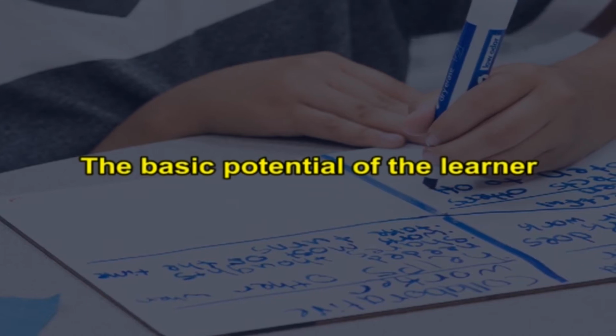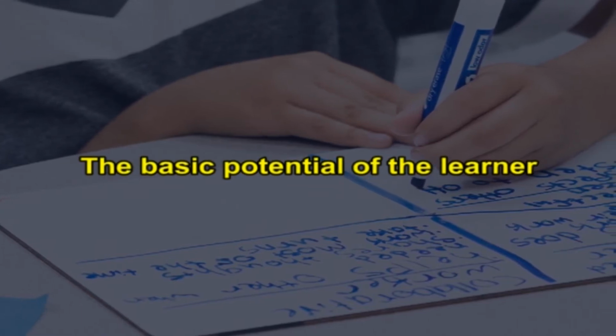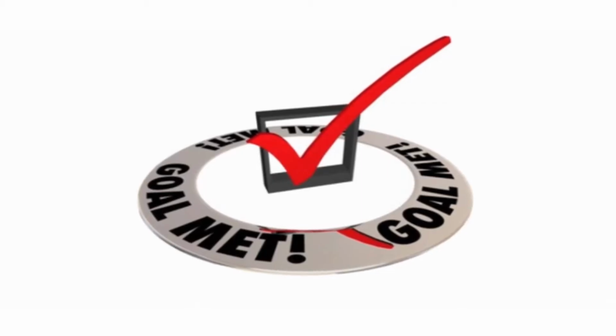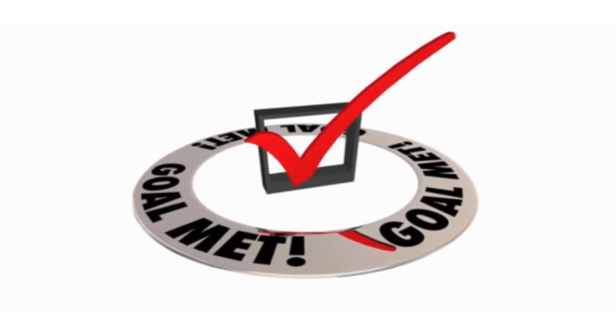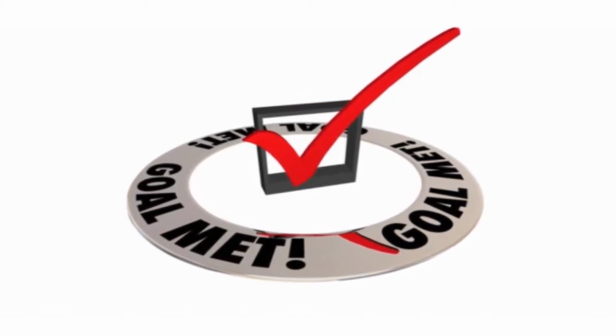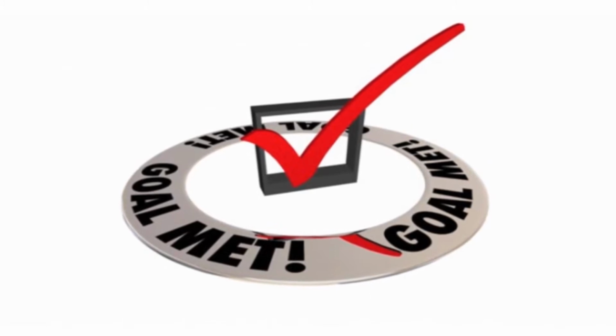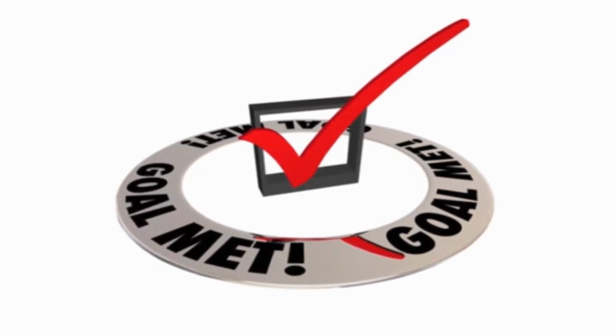The next factor is the basic potential of the learner. The results achieved by the learner through a process of learning depend upon his or her basic potential to undergo such learning.